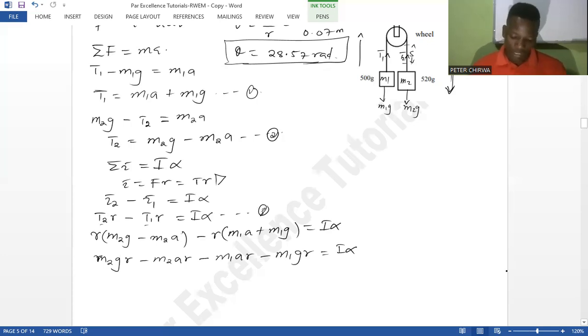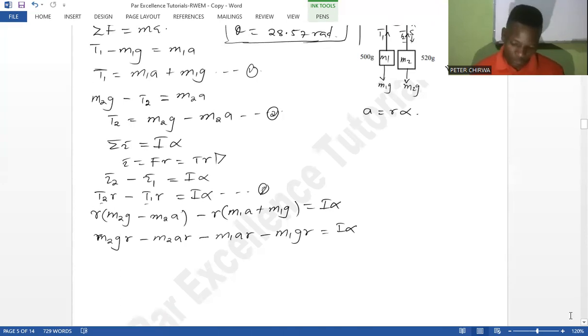Now, we can see that in this equation, we have both the angular acceleration and also the tangential acceleration. So we need to convert one. We can convert the tangential acceleration. We know that tangential acceleration is basically r times alpha, the radius times the angular acceleration.